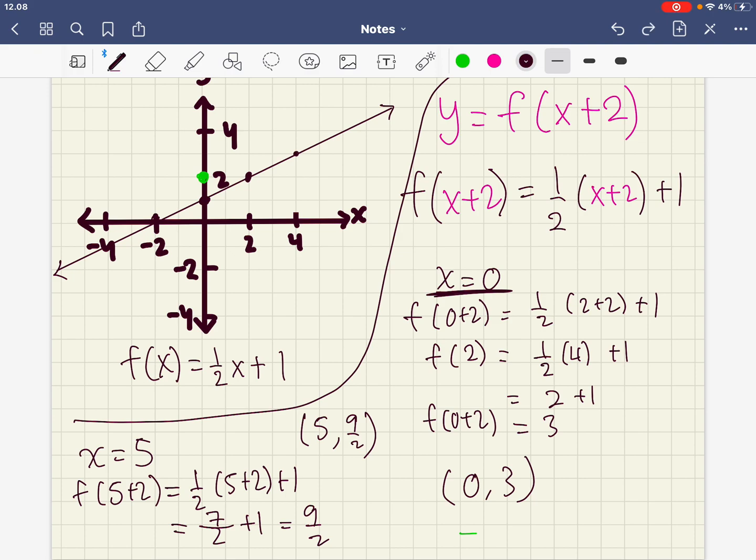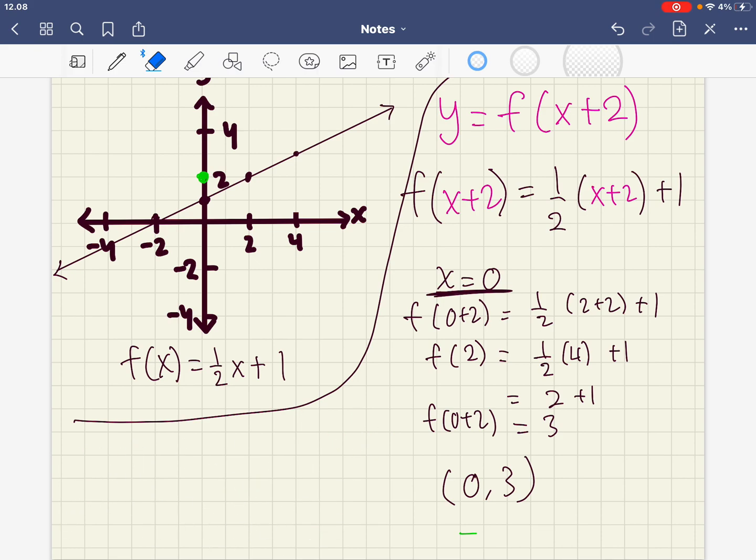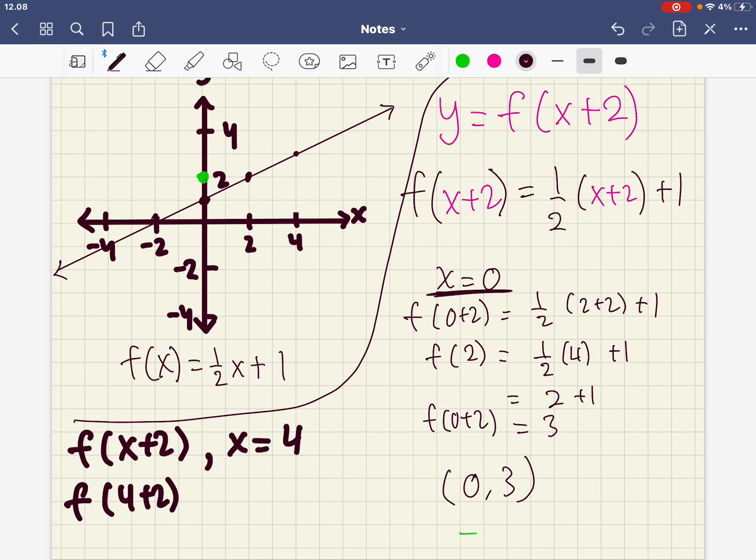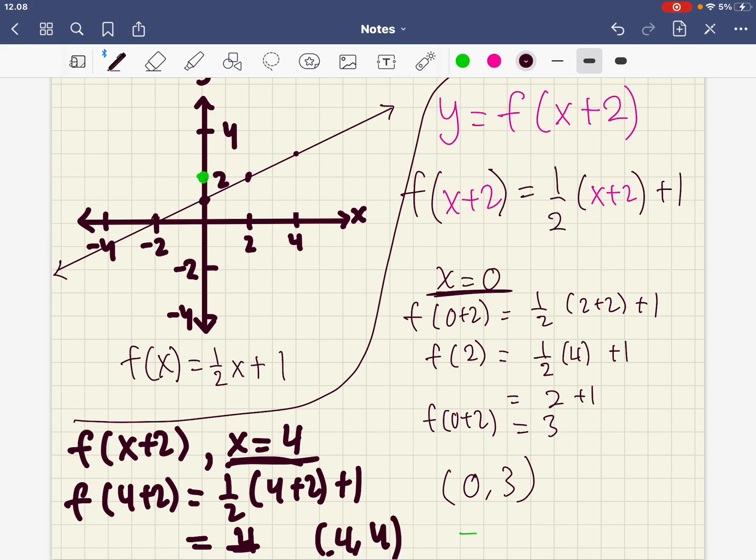I don't like decimals because I need to show you guys something. Let's do 4. Sorry about that. So f of x plus 2, and let's say x is 4. That's 6 over 2, which is 3. 3 plus 1 is 4. So 4 comma 4. That's my point. So I'm just going to connect these.